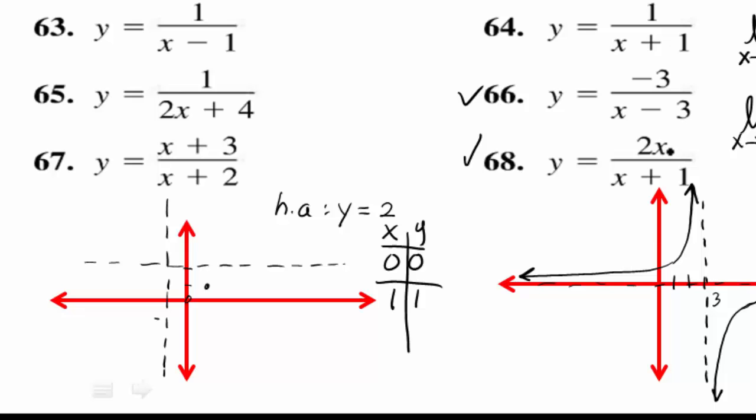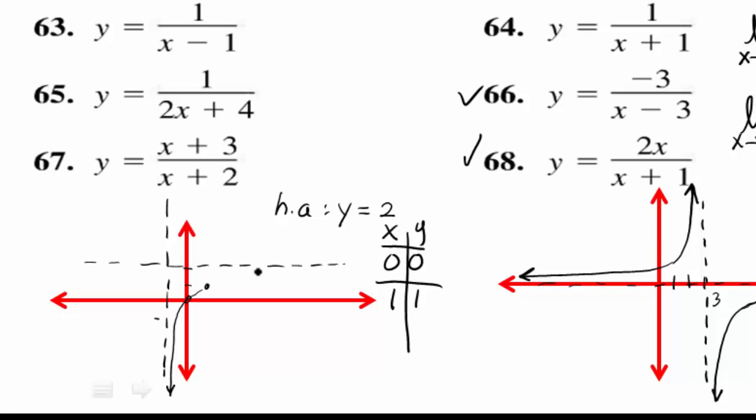However, this will be 2 times something close to -1, so we'll make it negative, divided by a 0 that's positive. So negative divided by a positive 0, if you want to call it that way, will approach minus infinity. So you see that this graph, as x approaches -1 coming from the right, will approach minus infinity.